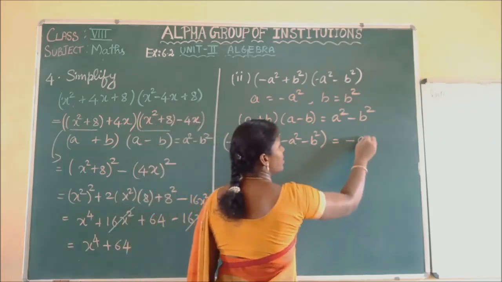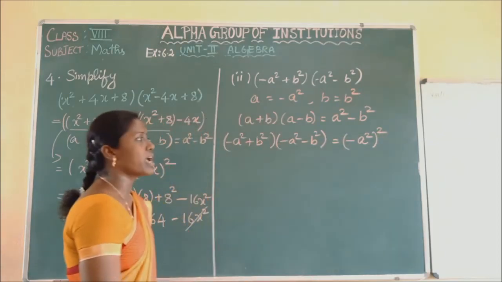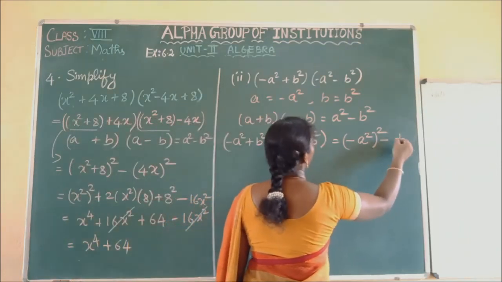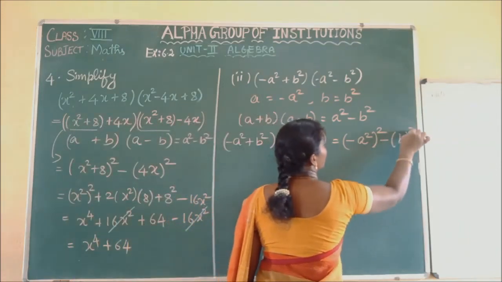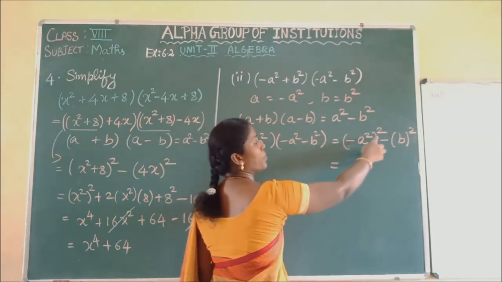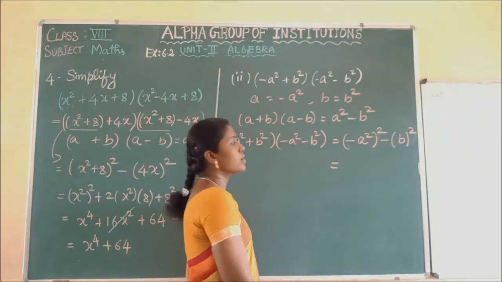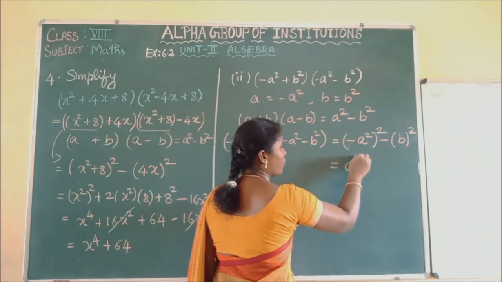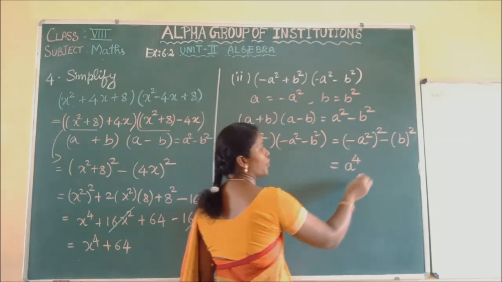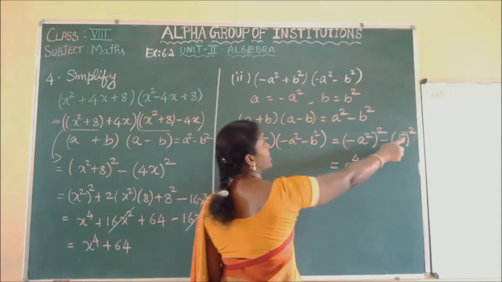What is a square here? Minus a square whole square, because in place of a we are having minus a square. So (minus a square) whole square minus b square, because in place of b we are having b square.